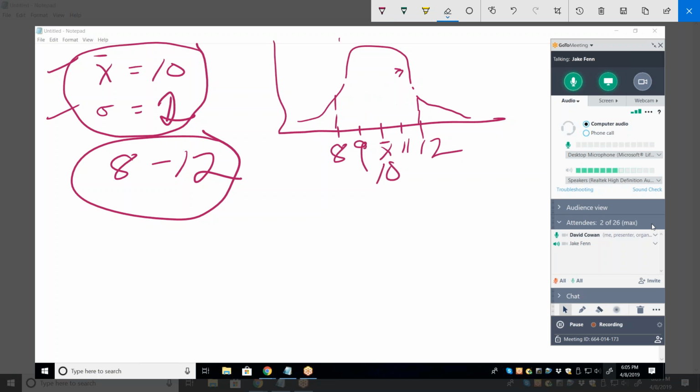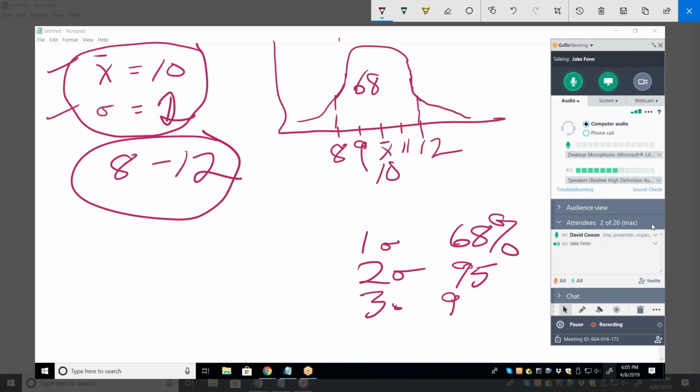What is it for 1 standard deviation? Is it 68? Yeah. 1 standard deviation is 68% of the area under the curve, which translates to a 68% probability. 2 standard deviations is 95.